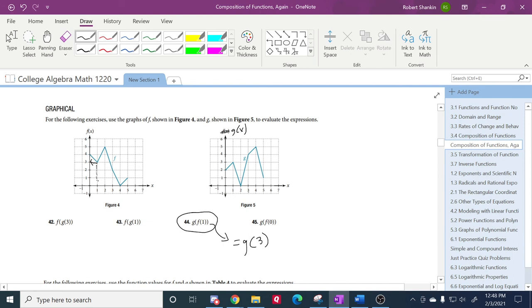So now 3 is my input, so I read straight up, and then read its height, and I get 4. Okay. Quick feedback on number 44.